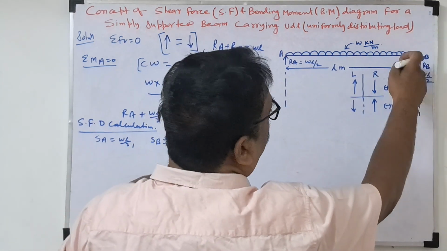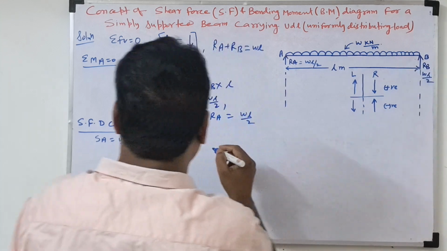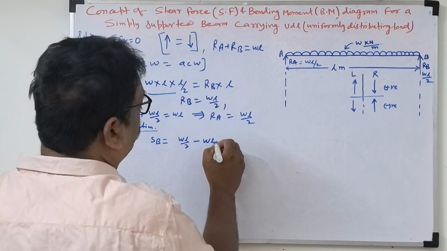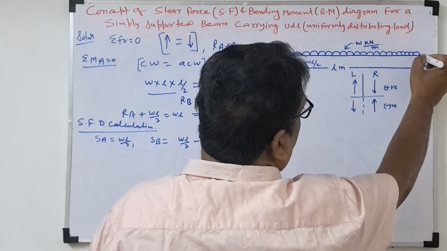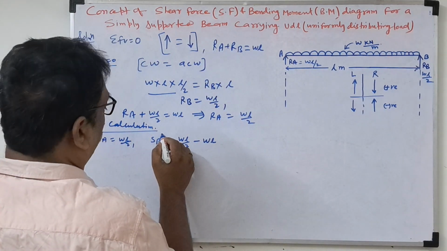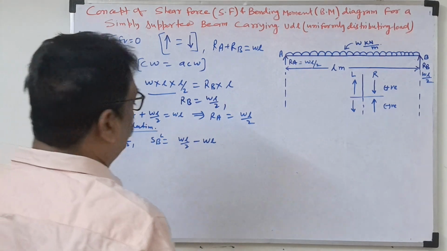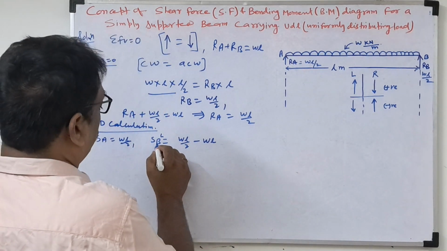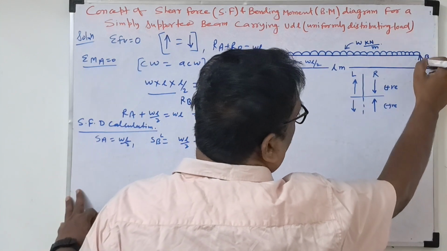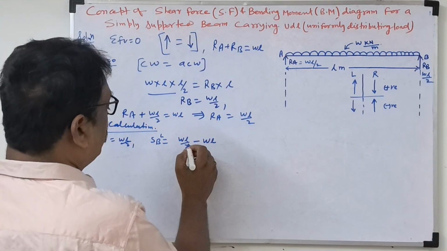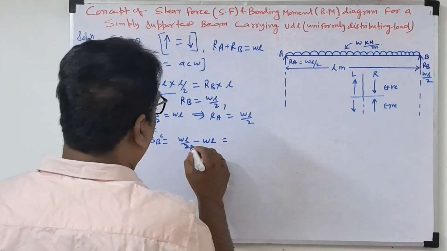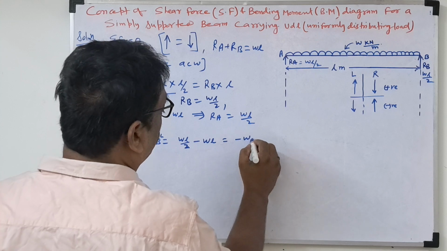If we take the right side, what will come here? WL by 2 minus WL. At point B, you can say SBL, just before this point. This RB will not act. So WL is the load for the UDL. So half minus 1, so minus WL by 2.